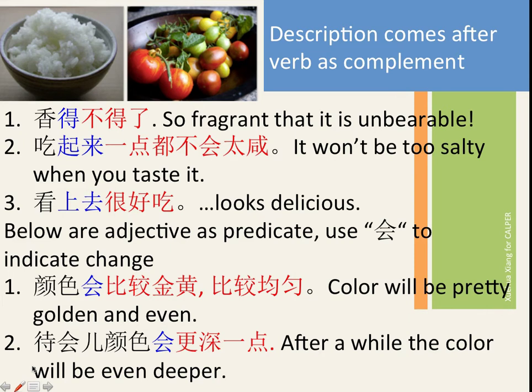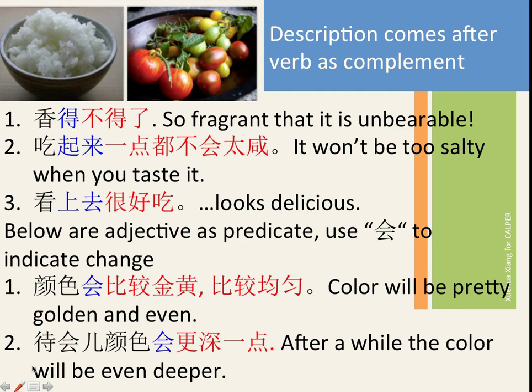So once you keep roasting the chicken, the color will become pretty golden and pretty even. 颜色会比较金黄, 比较均匀. Number 2, after a bit, the color will be even deeper. 待会儿, after a while, 颜色 color 会 will 更深一点, even deeper.